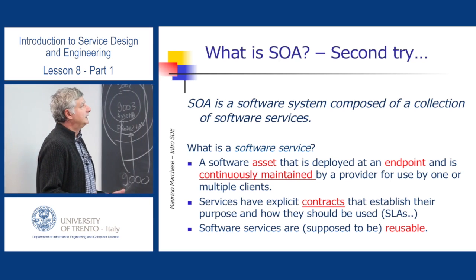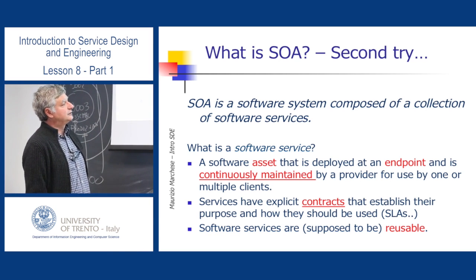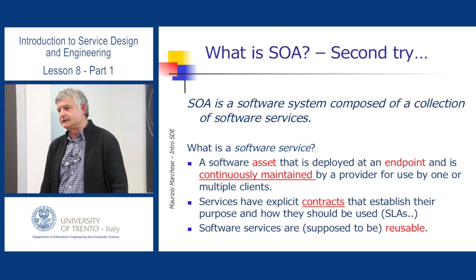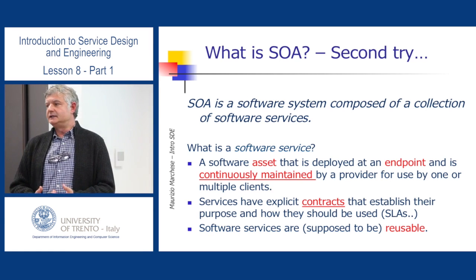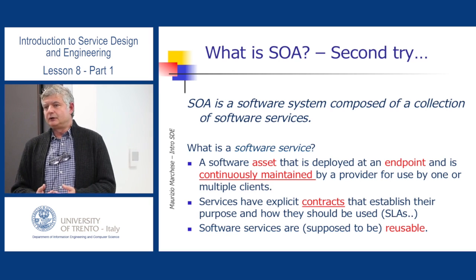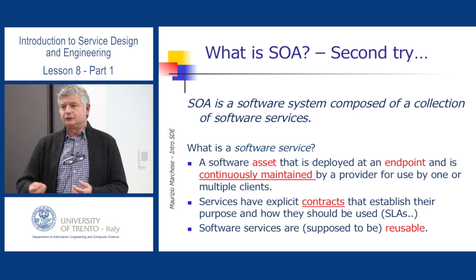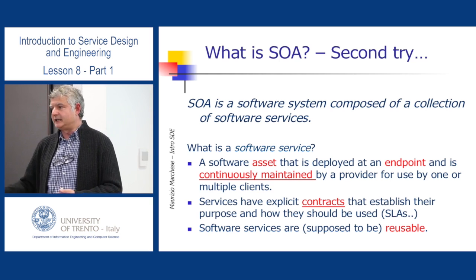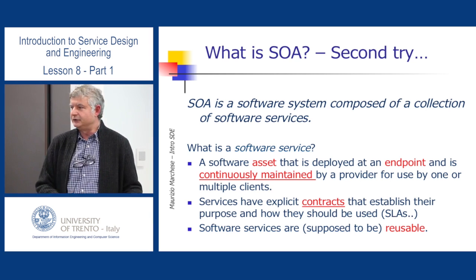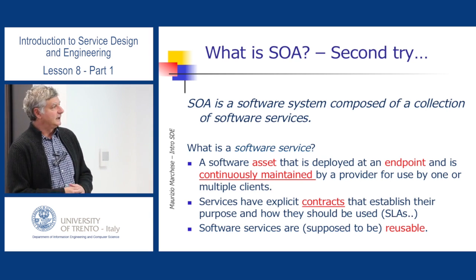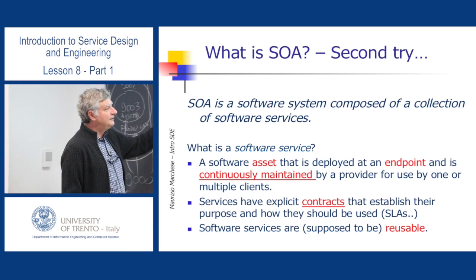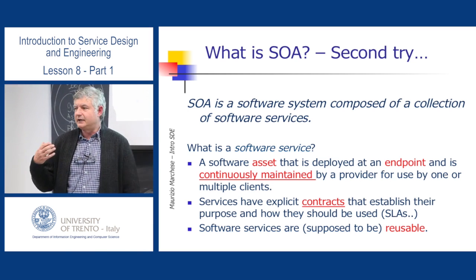And obviously, software services are supposed to be reusable, in the sense that the whole idea behind it is that they are really useful if they can be reused more than just for your ad hoc application. Otherwise, it's much better to just build your class and have it in your application. So this is not a given; it is something that we have to strive for.